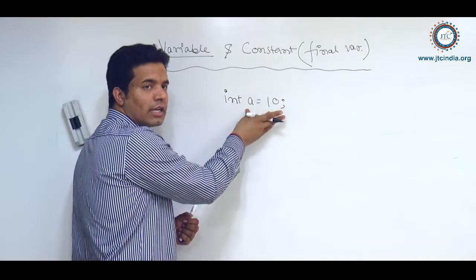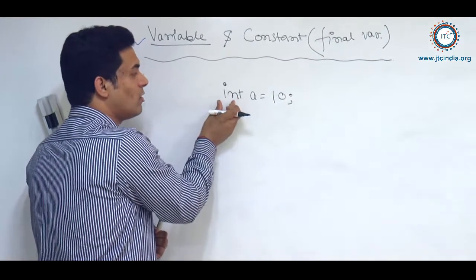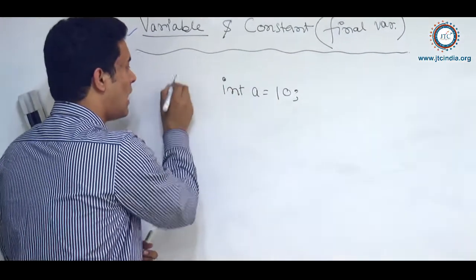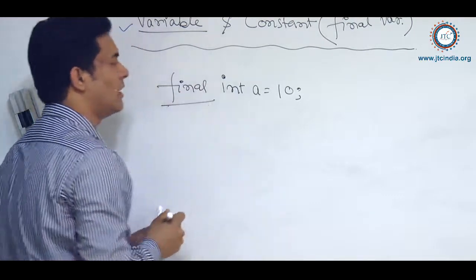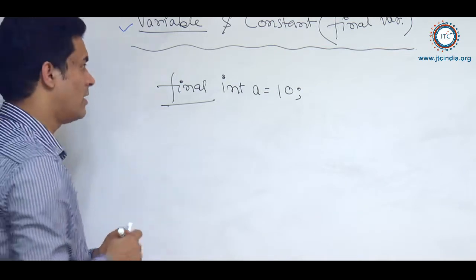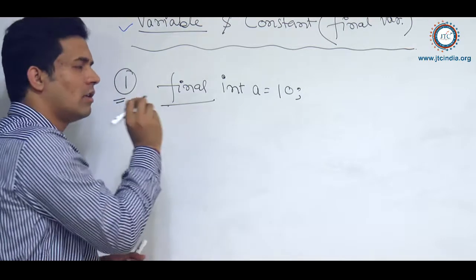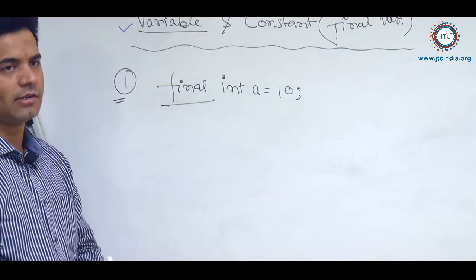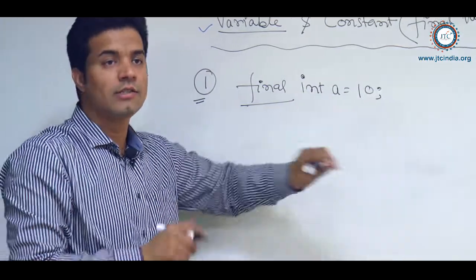For this int I want to make it a constant, so I'll write a keyword called the final keyword. This is the first way to declare a constant. It is a constant, and the value of a cannot be changed.